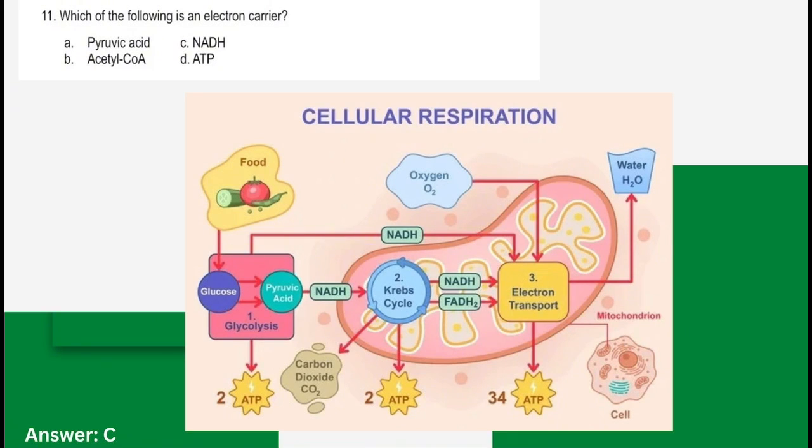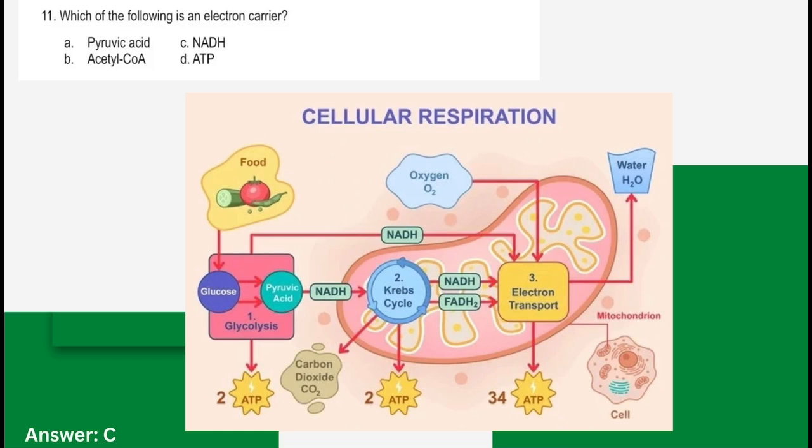Now, why is it NADH? There are actually two electron carriers in cell respiration. Aside from the 2 ATP that the Krebs cycle will produce, it will also produce NADH and FADH2.